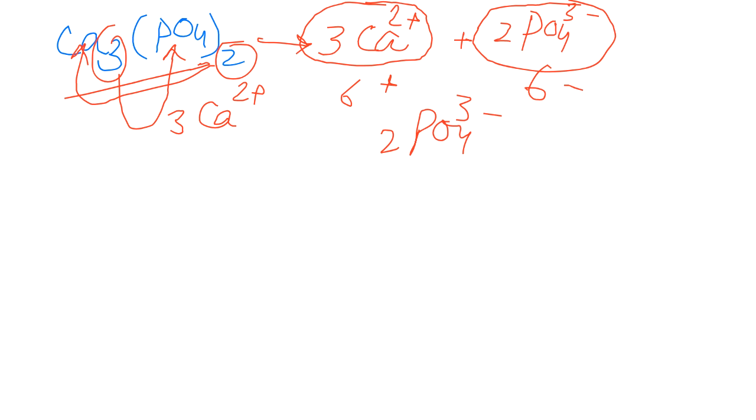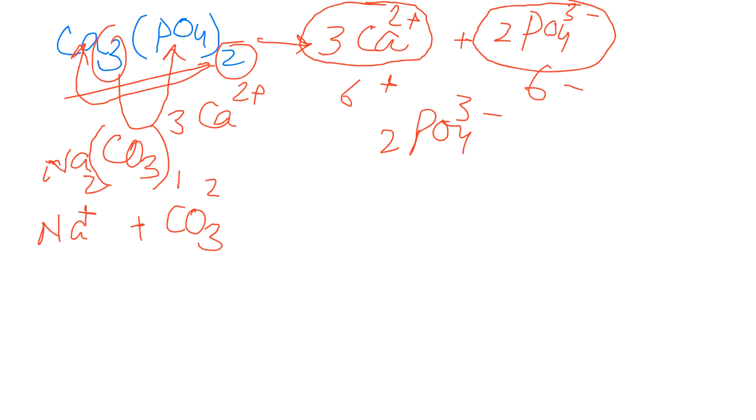Another example you will take, sodium carbonate. So sodium is 1, so the carbonate is 1 here. We cannot write anything here, 1. And this 2 belongs to carbonate. It is just like this, Na plus, CO3 2 minus. Then you will write the formula Na2, because this 2 will go there and this 1 will come here.